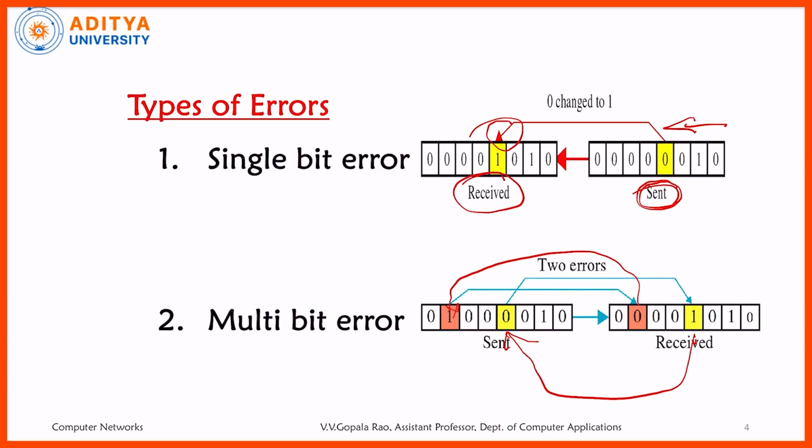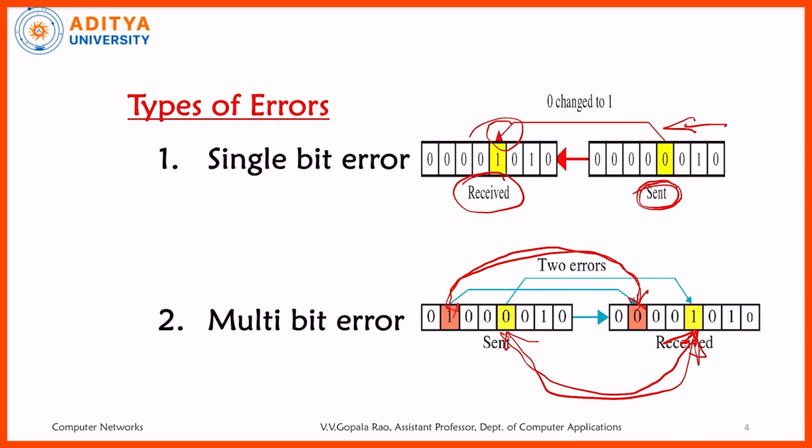Of course, here the sender and receiver are actually reversed. From the sender side, 0 is sent, but it is changed to 1. But similarly, in the other position, 1 is transmitted, but it is received by the receiver as 0. In either case, an error has taken place, and you can identify it.